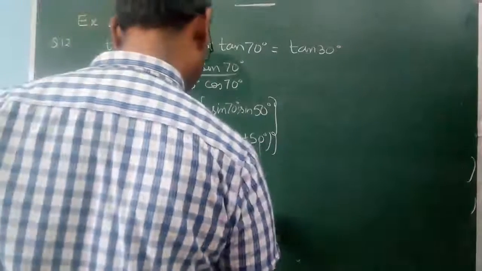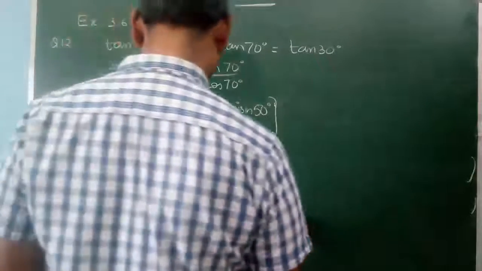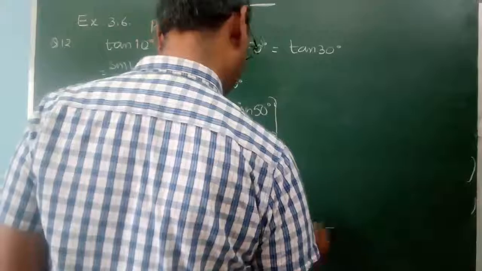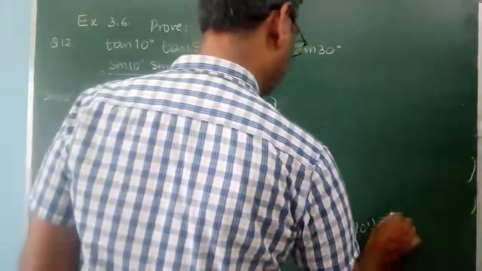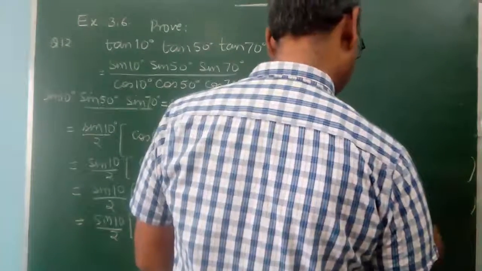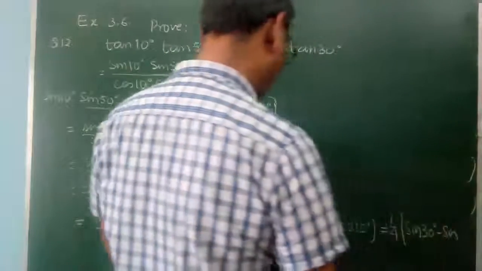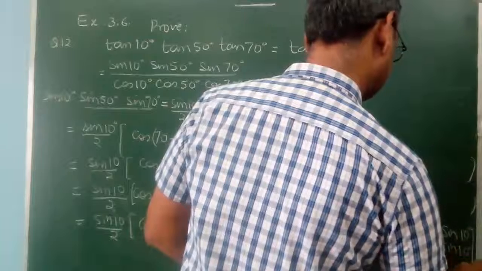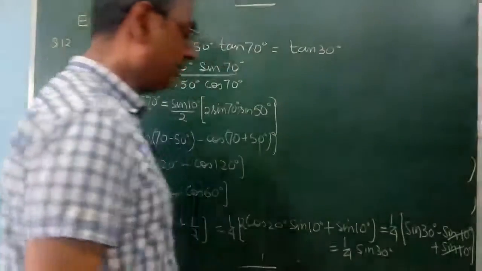What we have got: cos 20 degree, sine 10, 2 will be there. 2 cos A sine B is sine A plus B minus sine A minus B. We have got 1 by 4 sine 30.